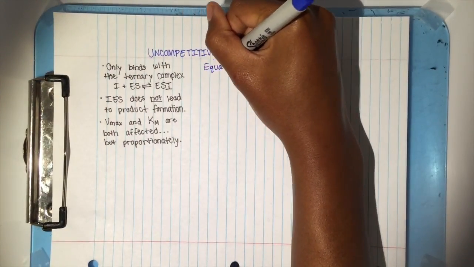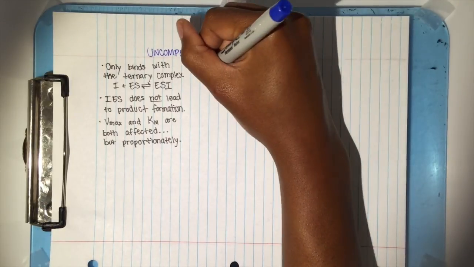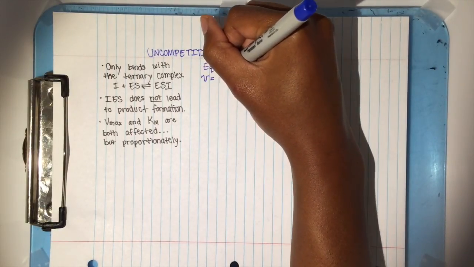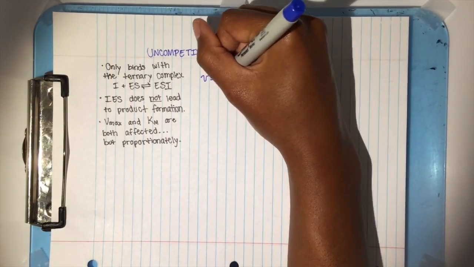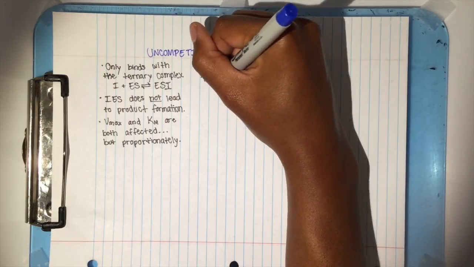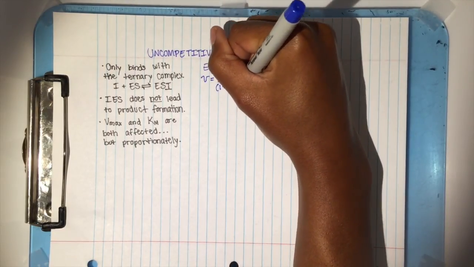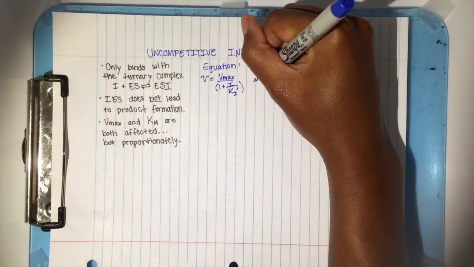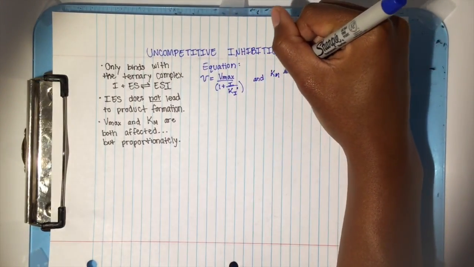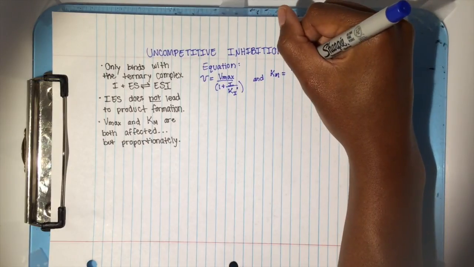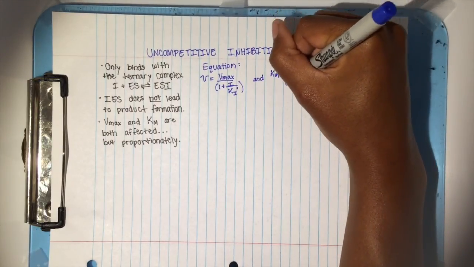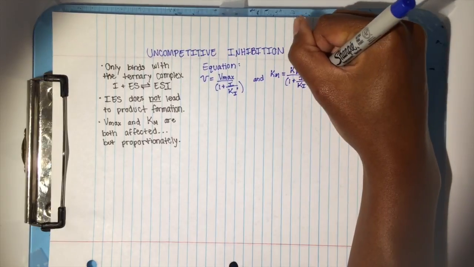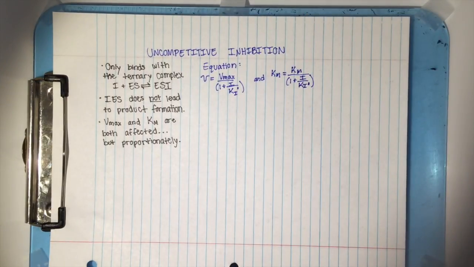Okay, so now let's figure out those equations. We know that V changes by a factor of 1 plus I over Ki. So Vmax decreases by that factor. In addition, we know that Km changes by a factor of 1 plus I over Ki prime.